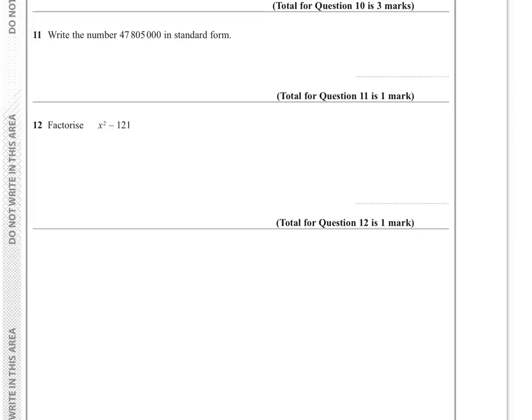Okay. Question 11. We've got 47,805,000 and we want to write that in standard form. So how many powers of 10 will we have? Well, we would have 1, 2, 3, 4, 5, 6, 7 powers of 10.